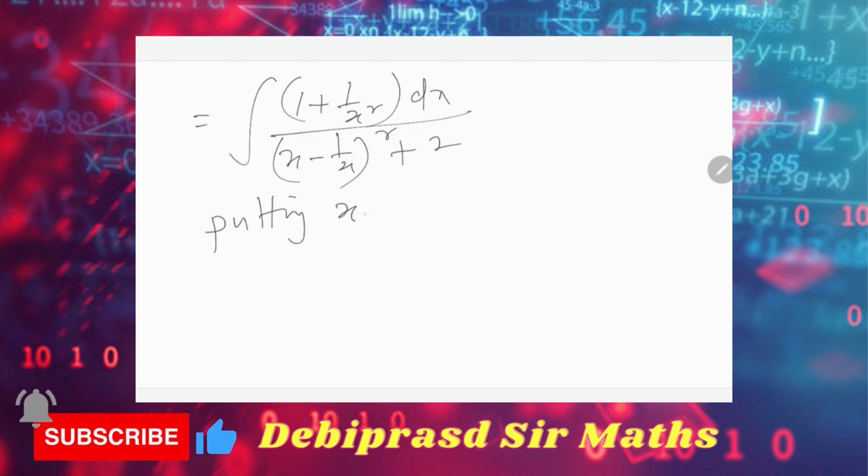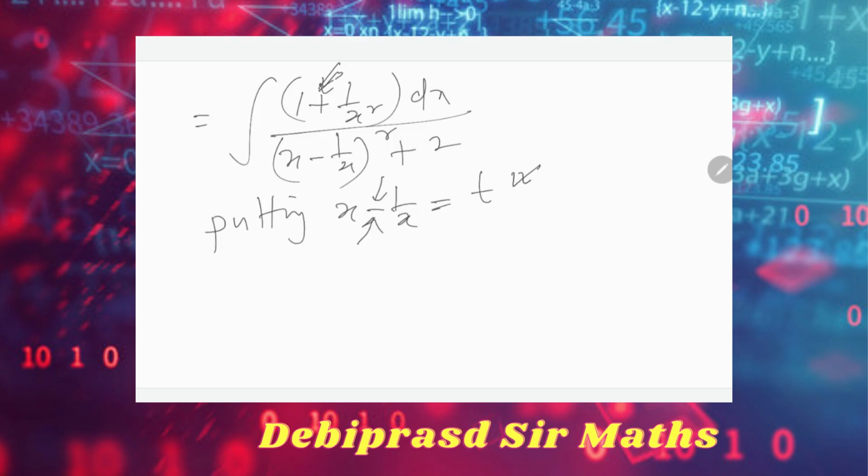Putting x minus 1 by x is equal to t. Look at that step. If this is minus, we will get plus. If this is plus, we will get minus. So according to that, we will change the formula.